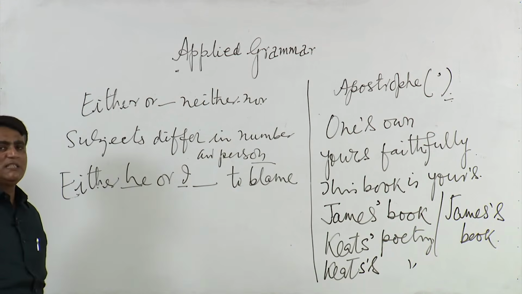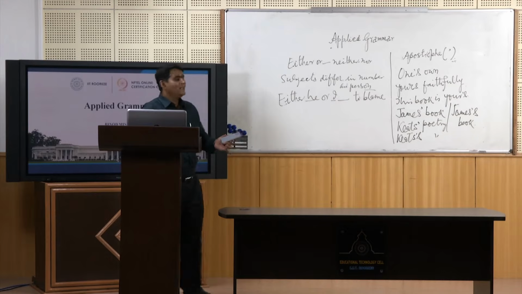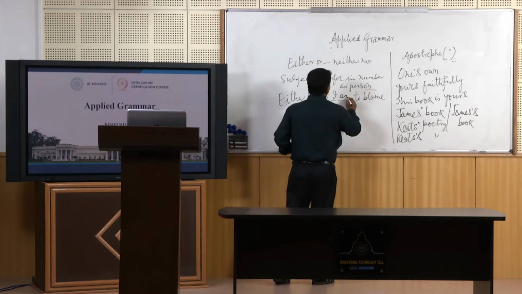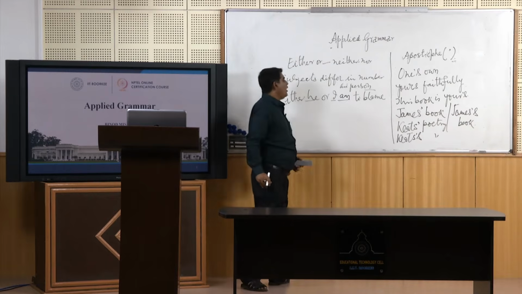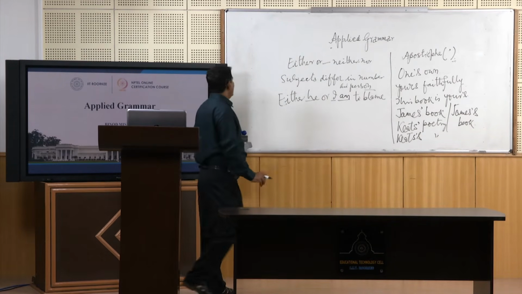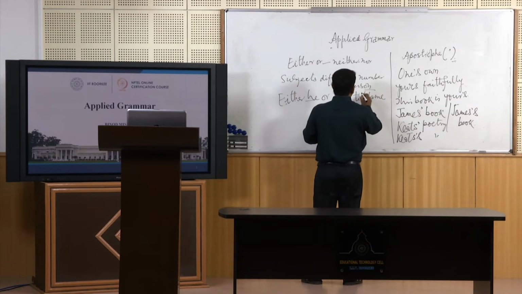Which is the nearest subject? I. So the verb will be according to the nearest subject. So I will say am. Either he or I am to be blamed.